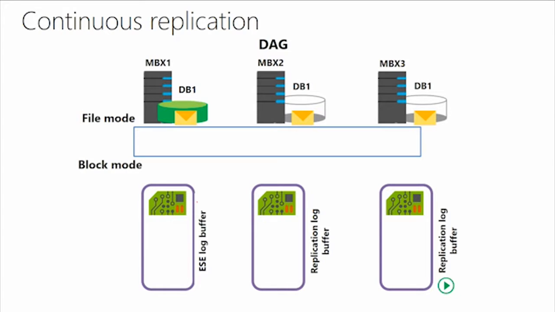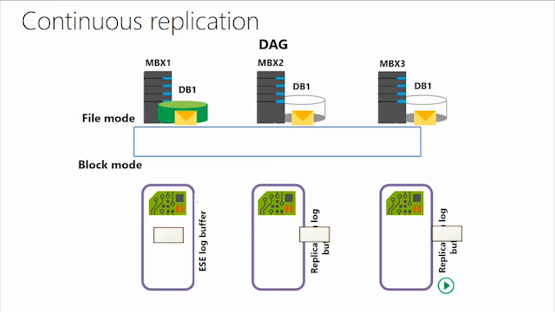Block mode works with memory. So the memory on those servers also contains a copy of the databases, and those transaction logs are then copied to those servers on the other side and kept up to date on those servers on the other side.